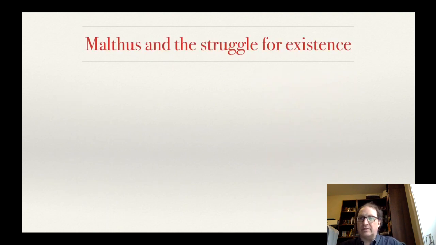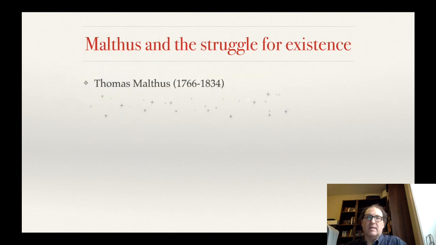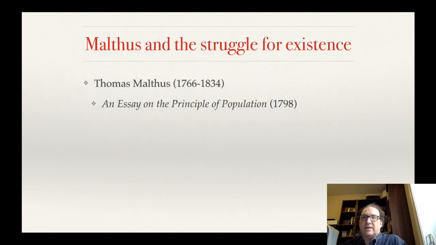Darwin then brings into the mix an additional insight. This is actually an insight that he pulls over from economics. Thomas Malthus writes the famous essay on the principle of population that is published in 1798.